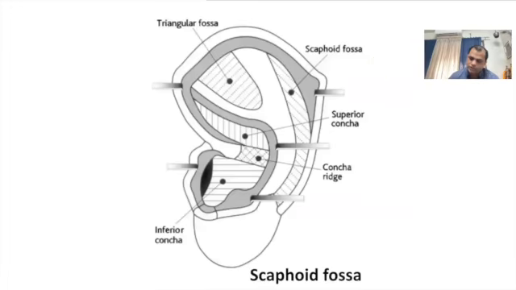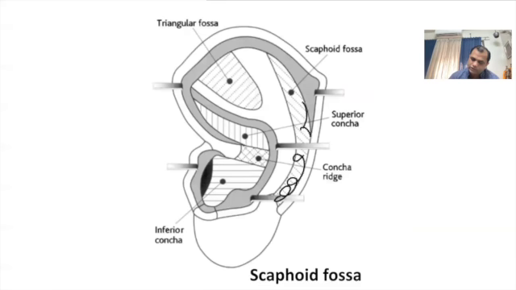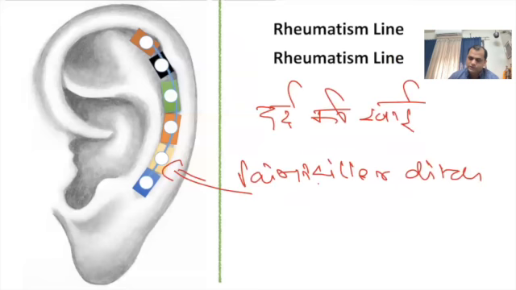Okay, so in this way we have seen the Scaphoid Fossa, and we can divide it in 6 parts, SF1 to SF6, and this is also called painkiller ditch or दर्द की खाई. तो हमने इस तरह से Scaphoid Fossa के बारे में समझा, इसे 6 भागों में बांट दिया और इसे हम दर्द की खाई, rheumatism line या चिकनगुनिया line के नाम से भी पुकारते हैं.